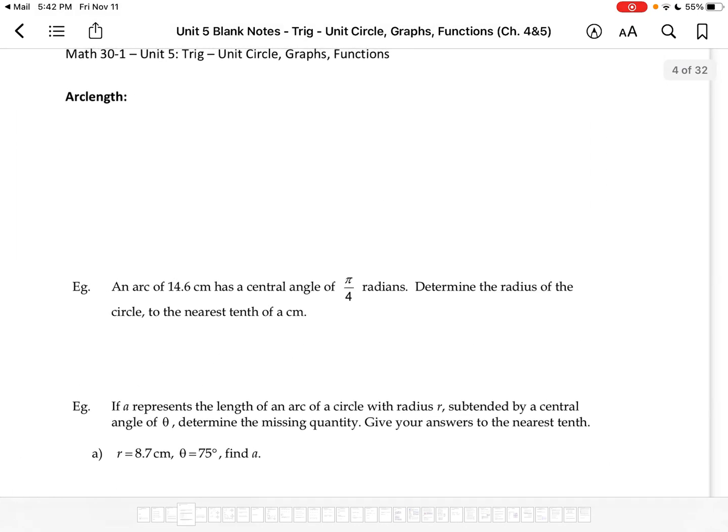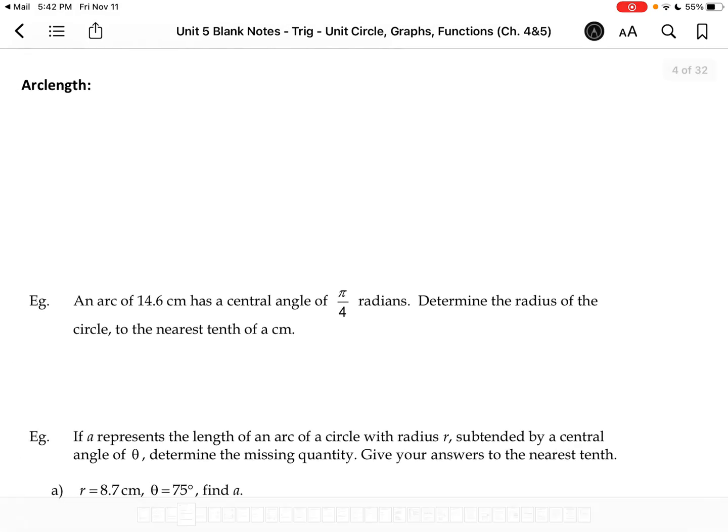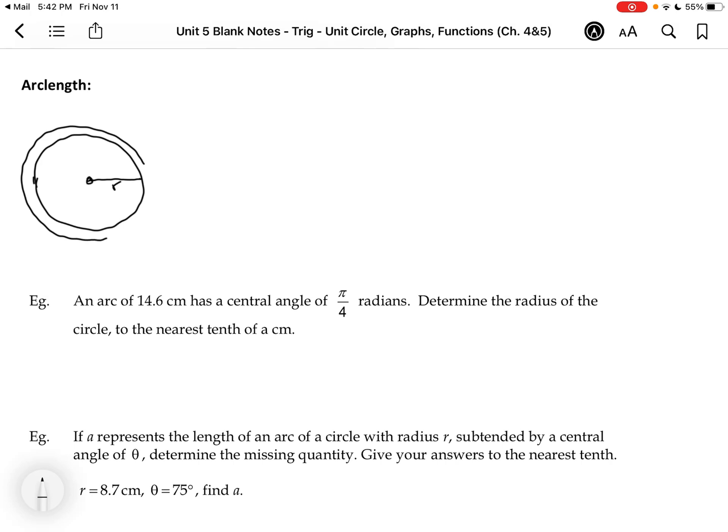Okay, and as promised, we are also going to talk about arc length. I mentioned this at the beginning, but we're going to come back to it now. So one thing that we need to recognize when we're talking about arc length is, I'm going to take a circle with radius r. The circumference of that circle is 2 pi r.